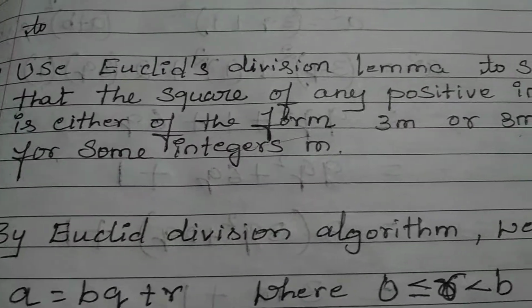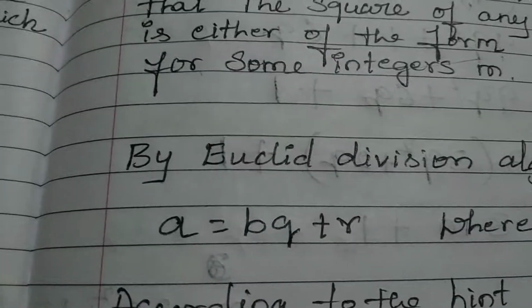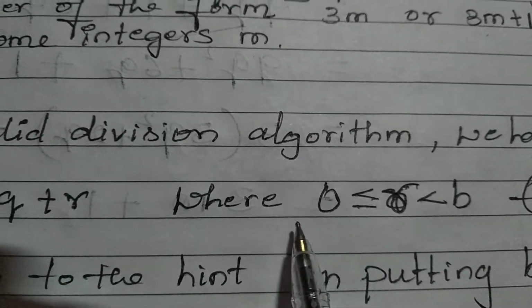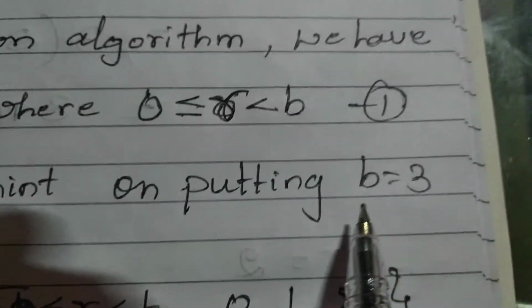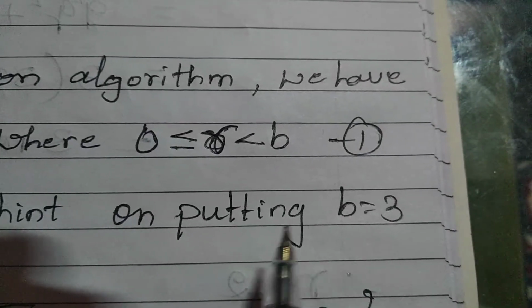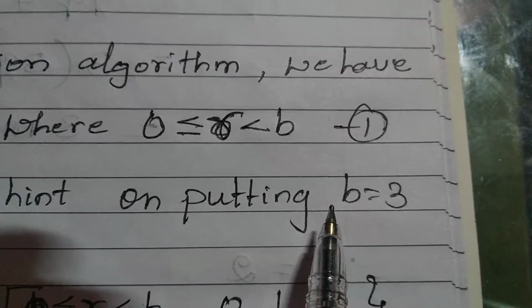By Euclid division lemma algorithm, we know the formula. What is the formula? a is equal to bq plus r, where r is greater than or equal to 0 and less than b. According to the hint, we have to take b as 3, because if you take more than 3, it would be difficult to perform.